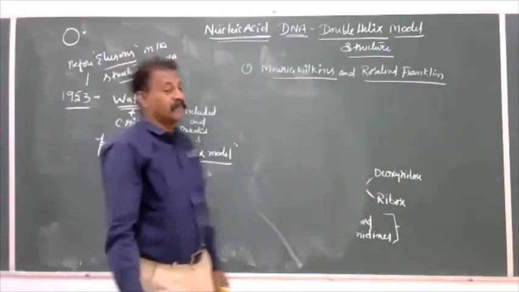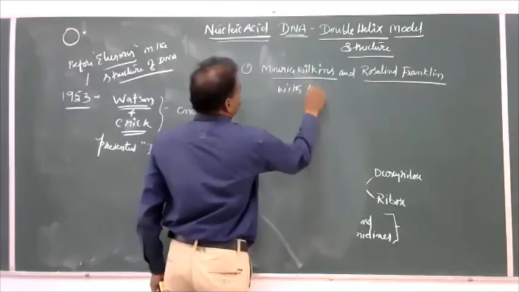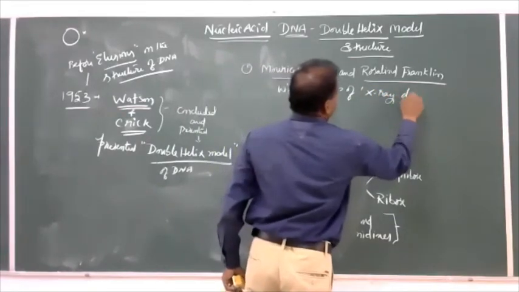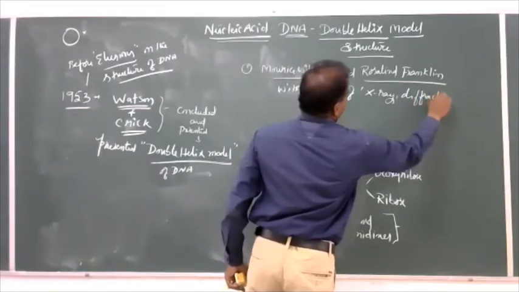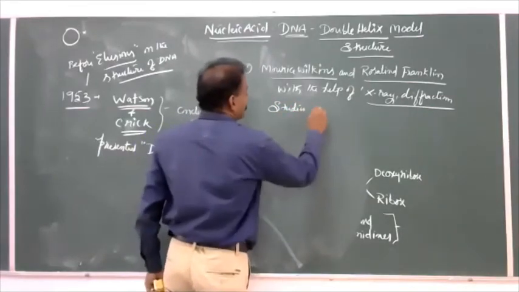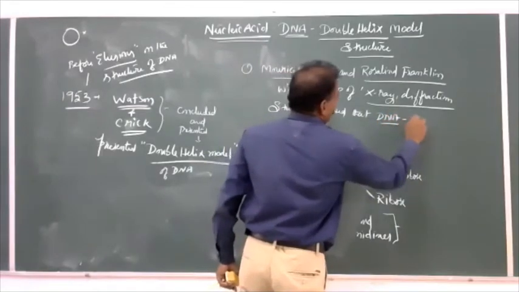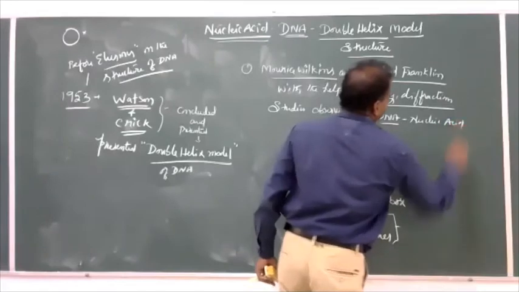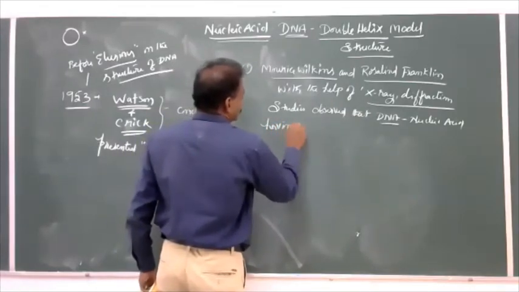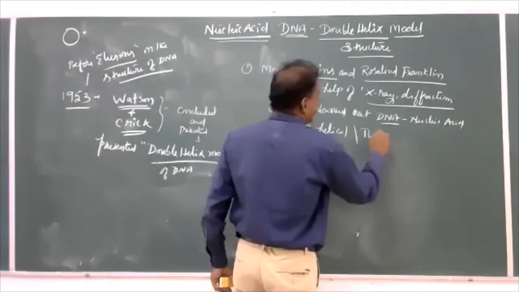So these two scientists, Maurice Wilkins and Rosalind Franklin, male, female, with the help of X-ray diffraction studies observed that DNA, the nucleic acid, has a helical, twisted nature.